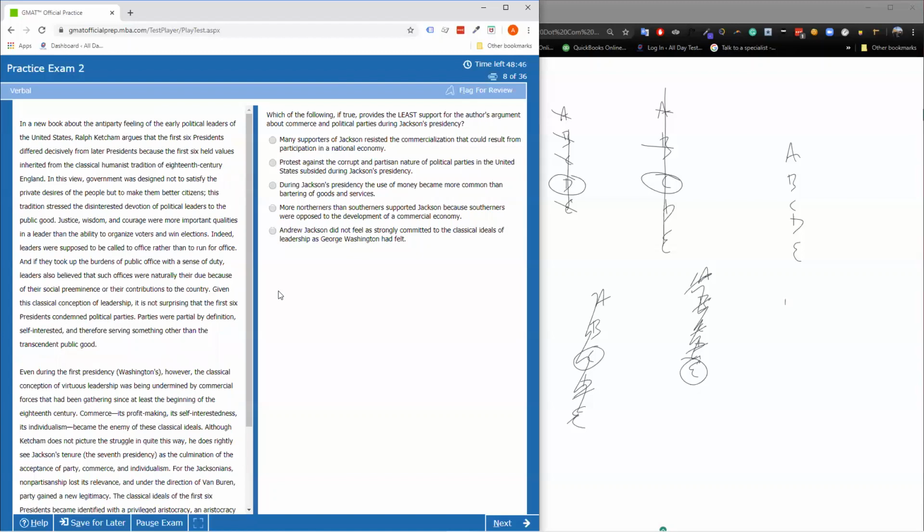Which of the following, if true, provides the least support for the author's argument about commerce and political parties during Jackson's presidency? Many supporters of Jackson resisted the commercialization that could result from participation in the national economy.